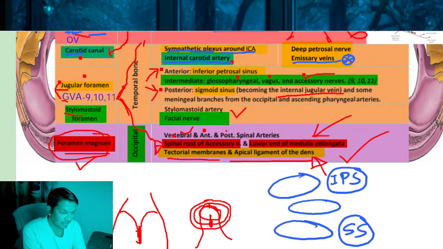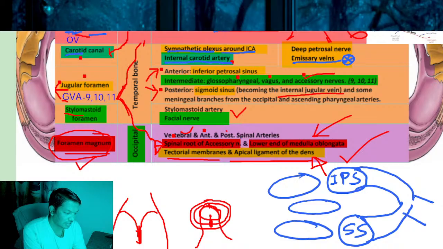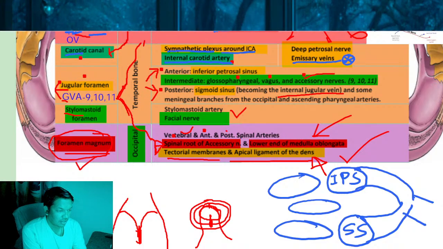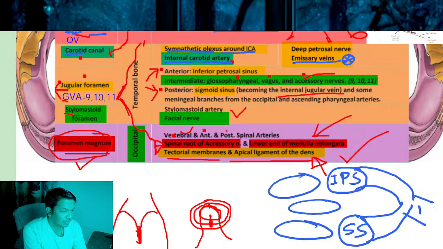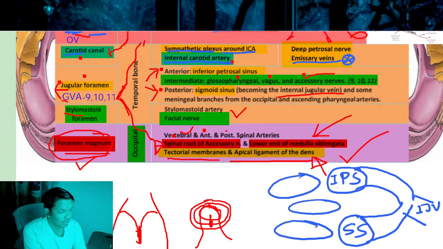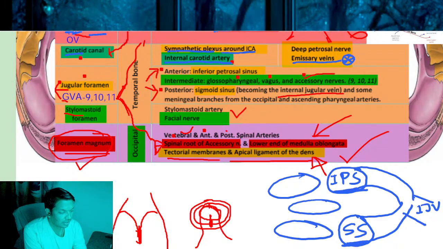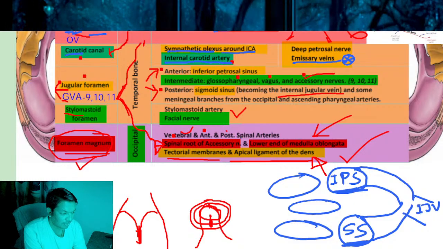They join together to form the internal jugular vein.